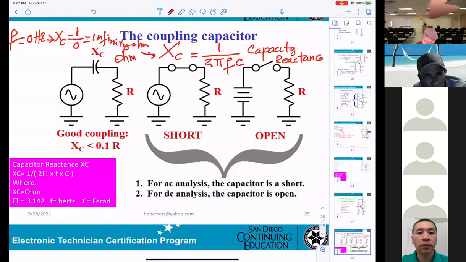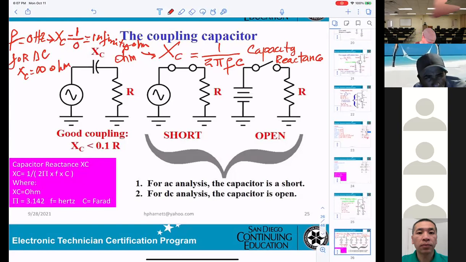When it equals infinity ohms, what does that mean? No current can flow. It's open. So f equals 0 hertz, that means for the DC. So XC equals infinity ohms.